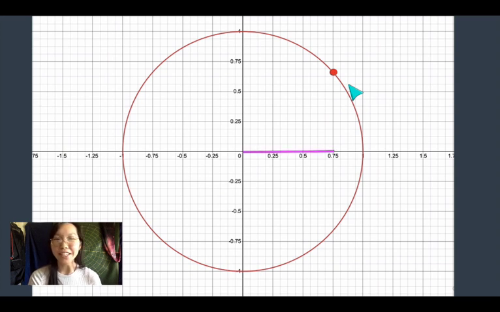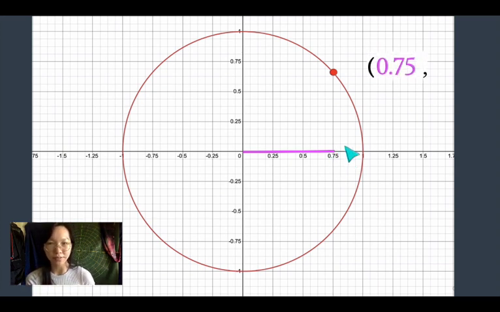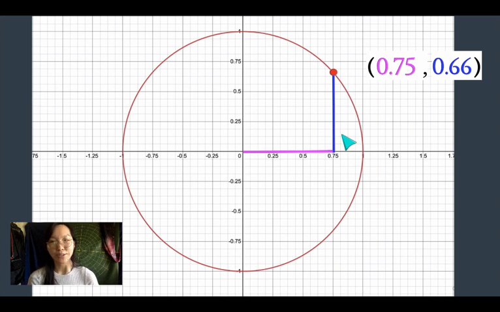And hopefully you said that one of the coordinates is 0.75 because notice it's to the right 0.75. For the y coordinate, it's a little hard to tell, but I'll go ahead and provide it for you. The y coordinate is 0.66. So what I want you to keep in mind is when you're talking about a coordinate on the unit circle, you're talking about an x and a y coordinate.